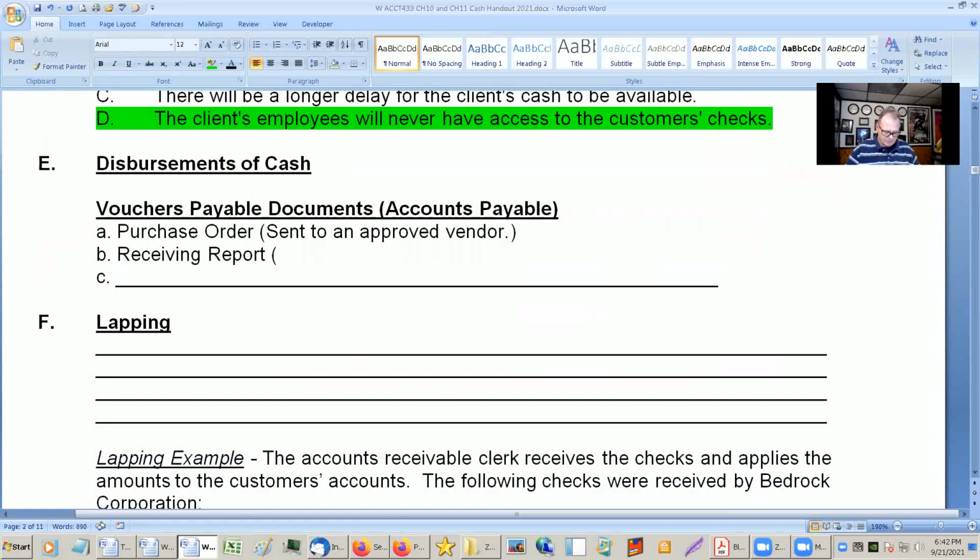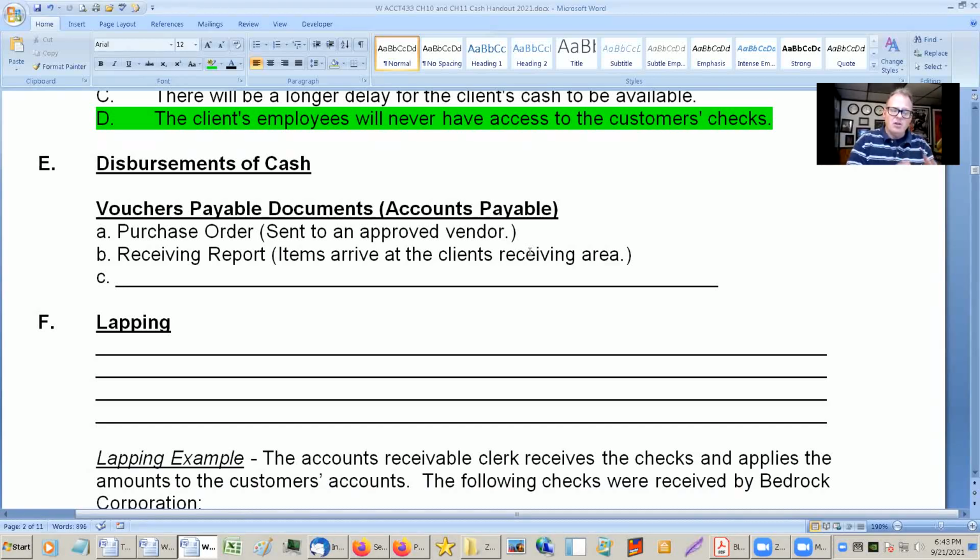And this is when the items arrive at the client's receiving area. So whatever their receiving area is, a receiving report. The packages will come in. The people working there will make a receiving report of what they received.